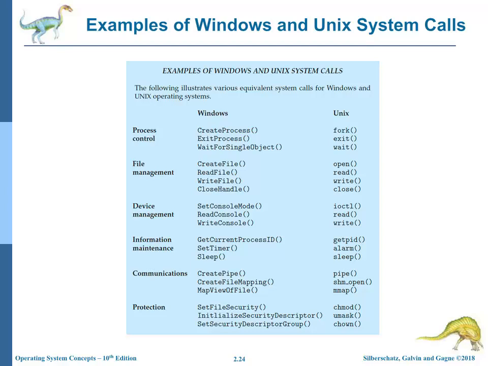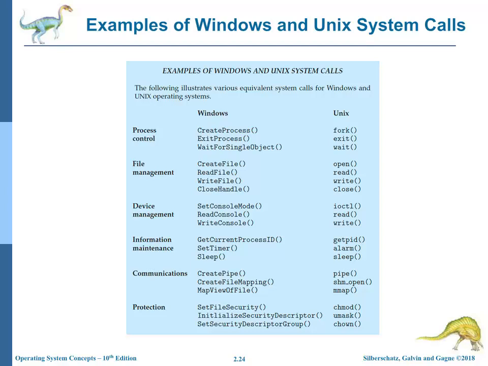It also has locks for managing access to shared data between processes. In Windows, for example, it has the CreateProcess, ExitProcess, and WaitForSingleObject system calls. And for Unix, it is fork, exit, and wait.